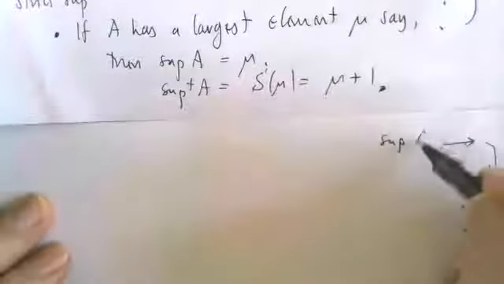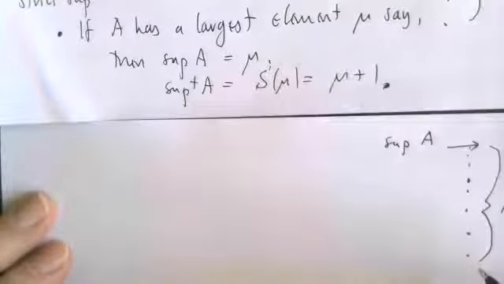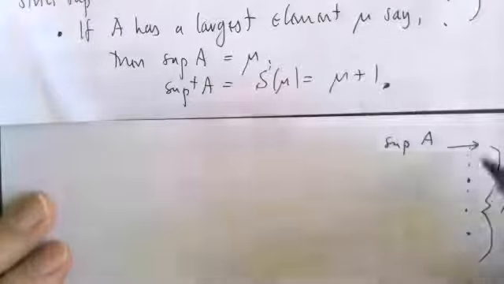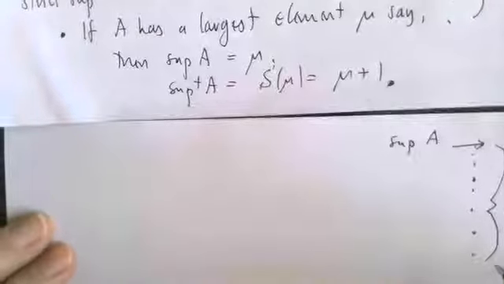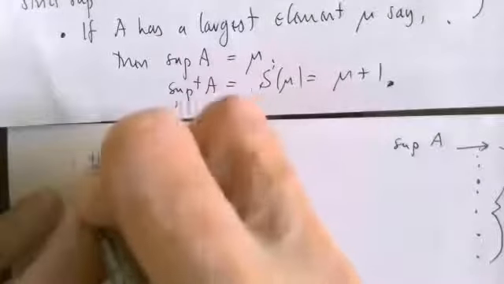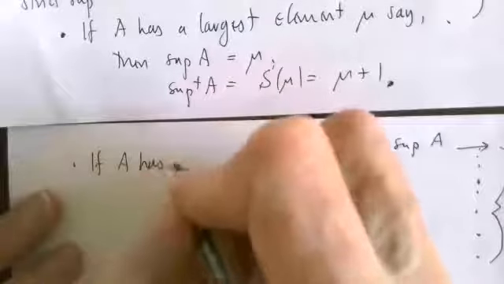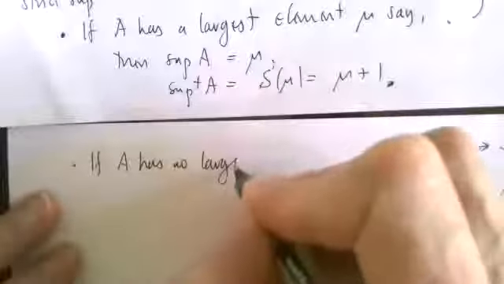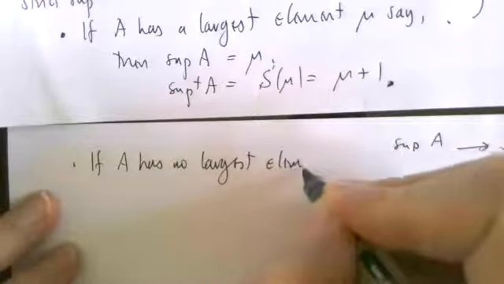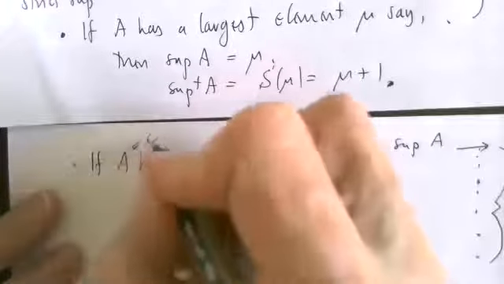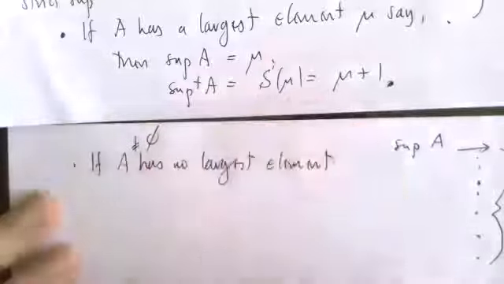But sup A then would not be a member of A because A has no largest element. And I'm not talking about the empty set.